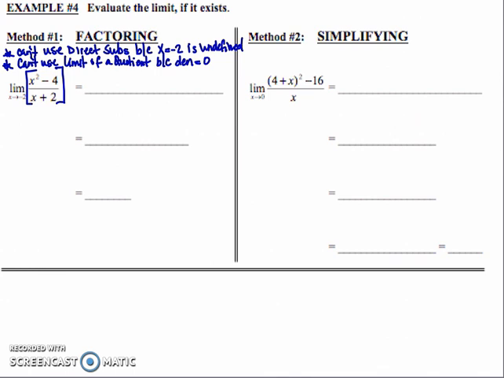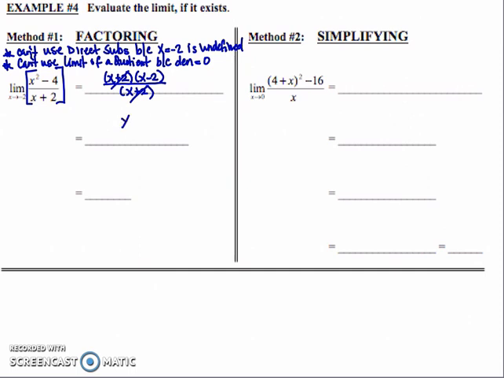Sorry, a little bit of abbreviation there. So what about factoring? x squared minus 4 in the numerator is a difference of squares. So let's first take a look at this as x plus 2, x minus 2 on top over x plus 2 on the bottom. If we cancel out those x plus 2's, that eliminates that division by 0 issue.